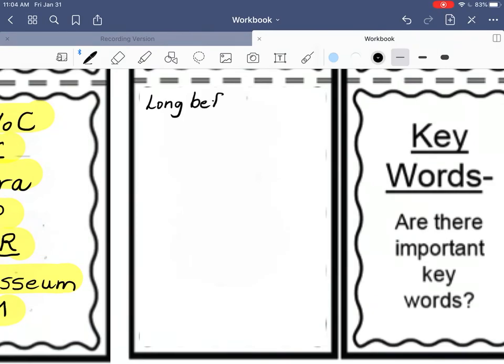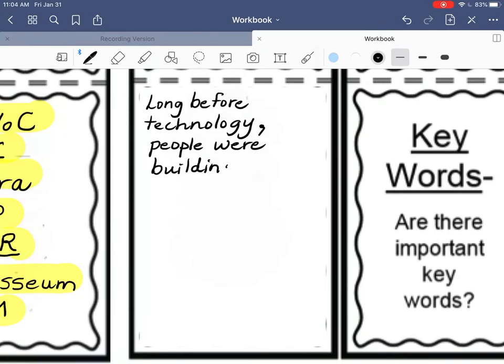Long before technology, and that would include computers, comma, people were building structures that are still wonders to us today.